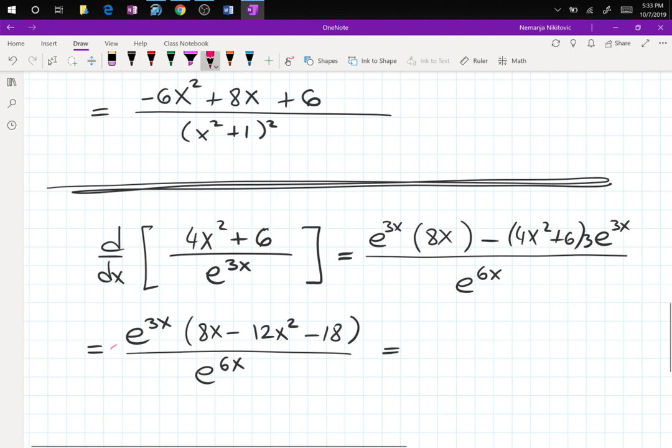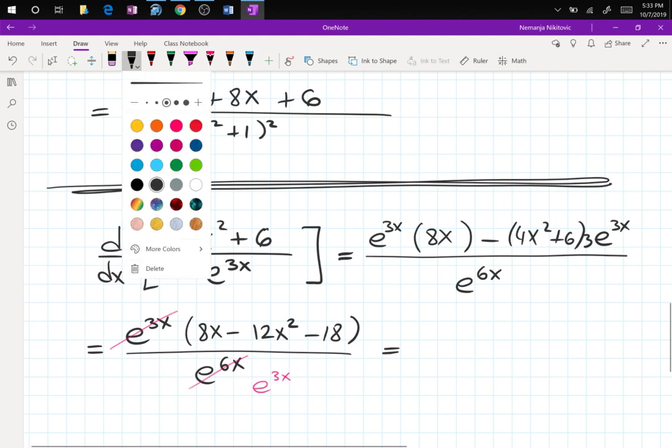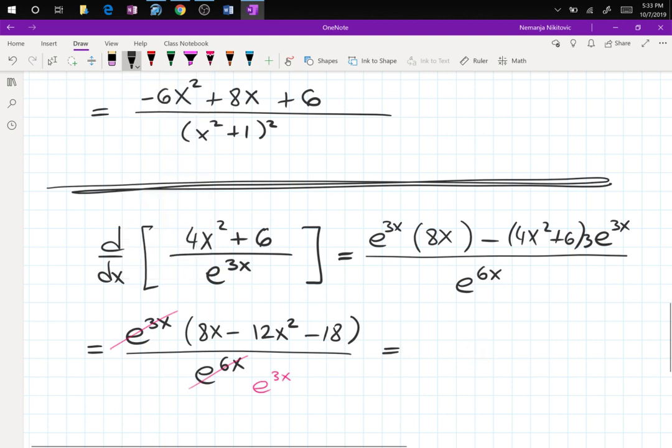These guys will cancel, leaving e to the 3x behind, and we don't gain much by factoring out 6. We can factor out 6, but we don't really gain much, so I'm just going to leave it. Unless you are factoring x or something substantial, right? So negative 12x squared plus 8x minus 18 over e to the 3x.